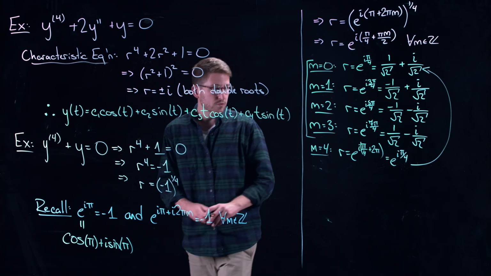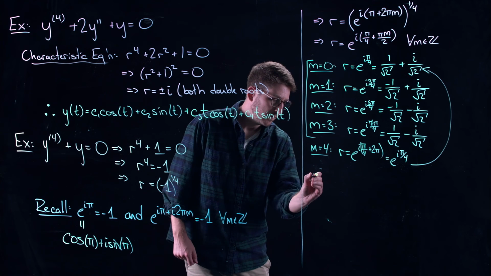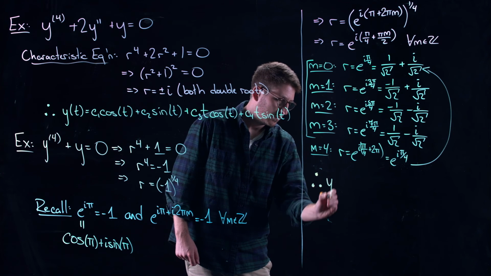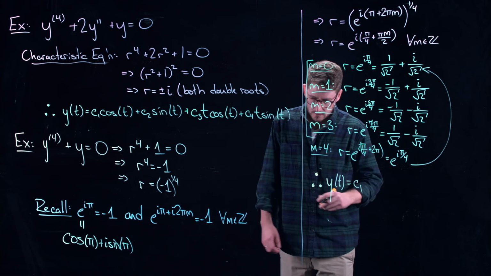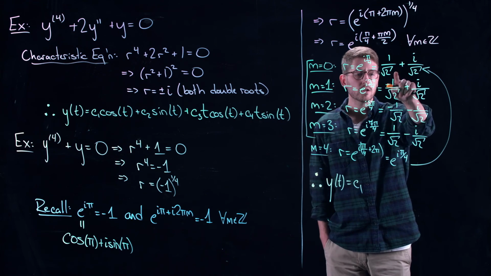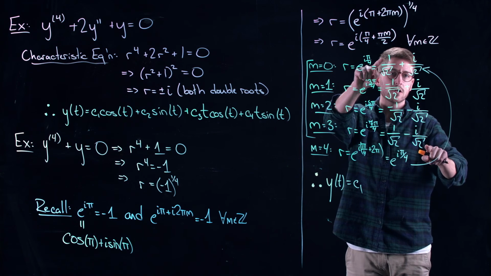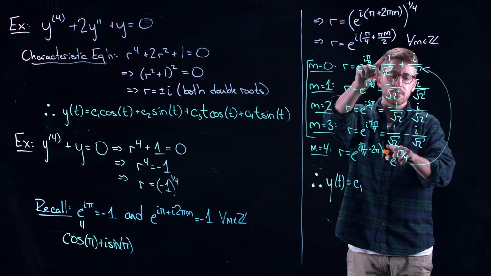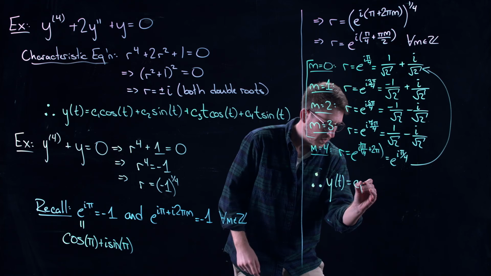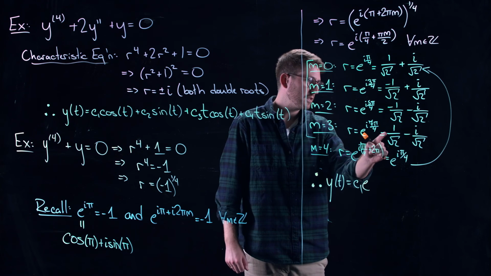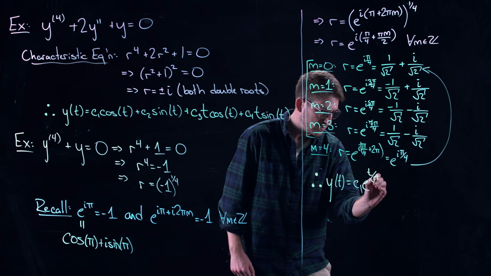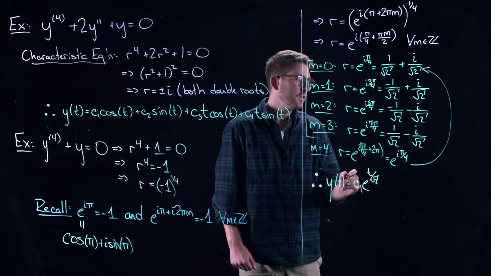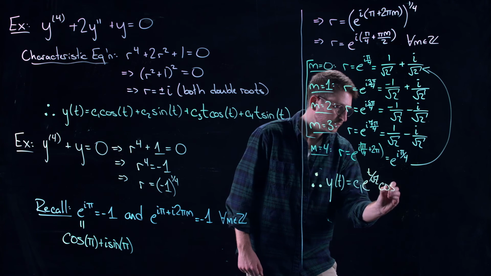Okay, so now let's put it all together. y of t is equal to, okay, what do my solutions look like? Well, they're coming as complex conjugate pairs. 2 of them have positive real parts. That's given by e to the t over the square root of 2, and then cosine.